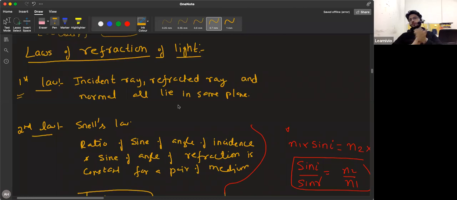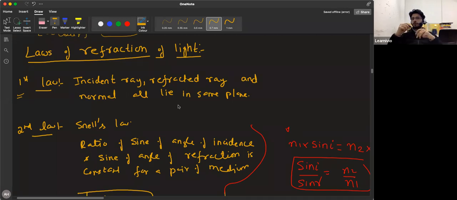See, the first law simply says that in refraction, all three rays, the incident ray, refracted ray, and normal ray, lie in the same plane. Same plane means if you draw your incident ray in the plane of your copy, then your normal ray will also lie in the plane of your copy, and your refracted ray will also lie in the plane of your copy.